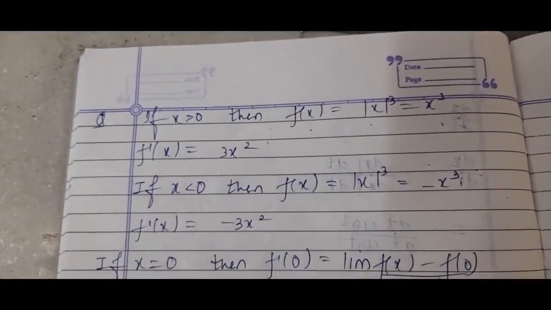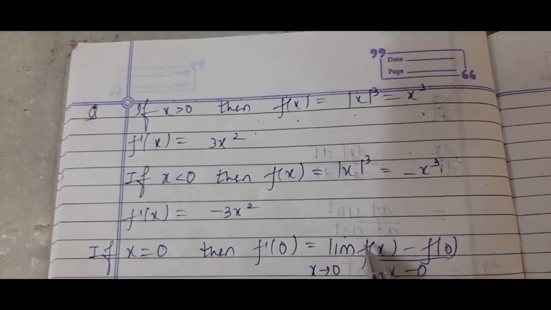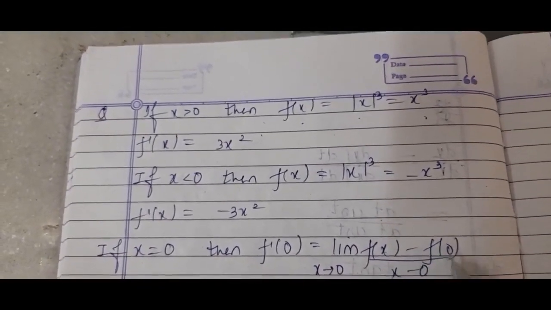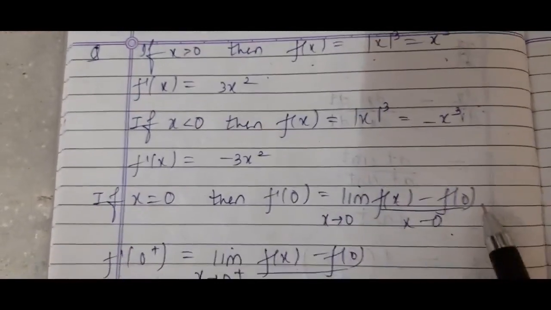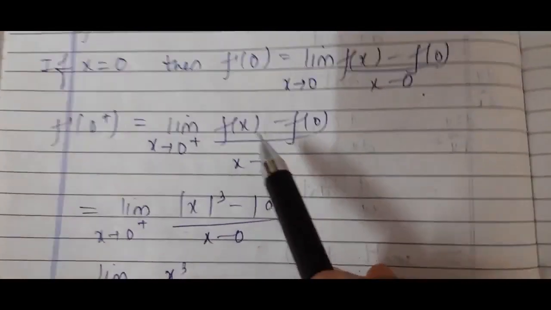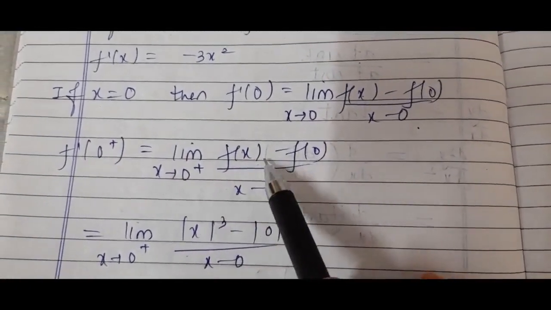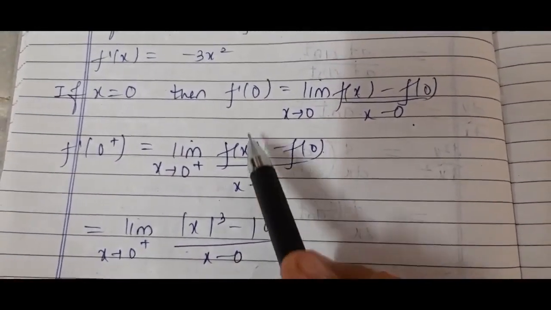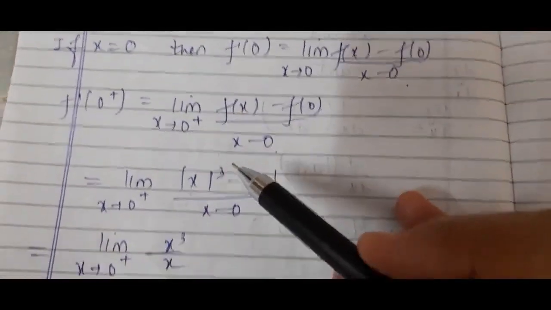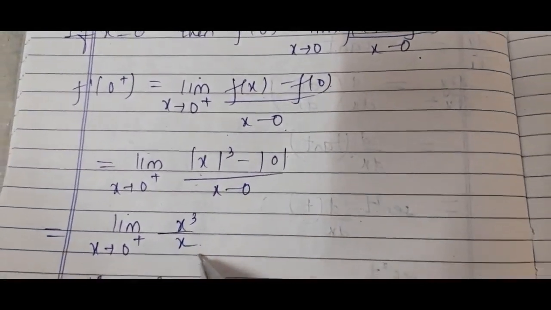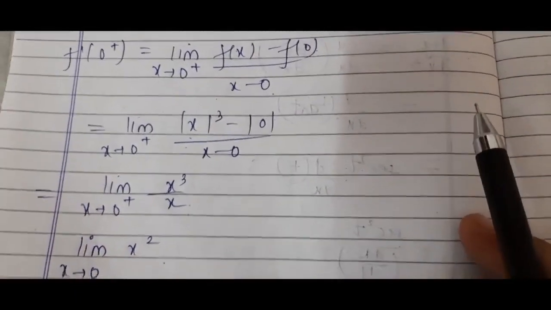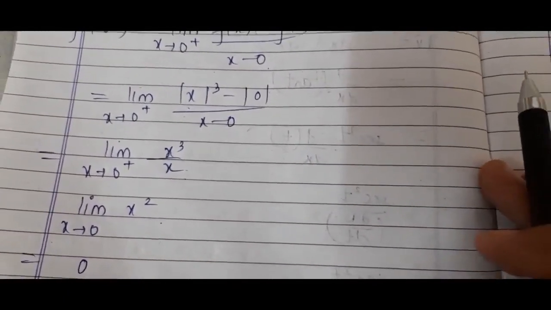And if it is equal to 0, then f dash of x is limit x tends to 0, f of x minus f of 0 upon x minus 0. On the RHL side, we will get limit x tends to 0 plus f of x minus f of 0 upon x minus 0. f of x is mod of x cube, that is x cube upon x is x square, and limit x tends to 0 gives value 0.